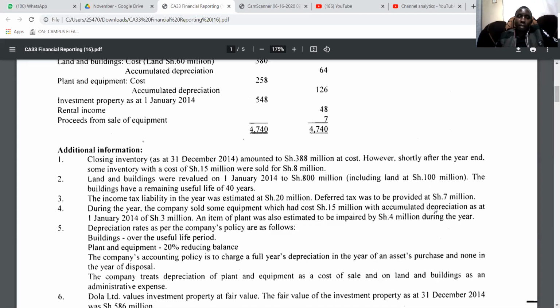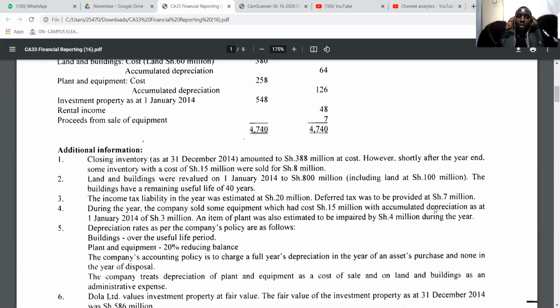We will do that, never worry. These are just mentioning what we will be doing in each additional information. Like now under additional information number 3, what I will be doing is just to determine the tax which is payable in that period.